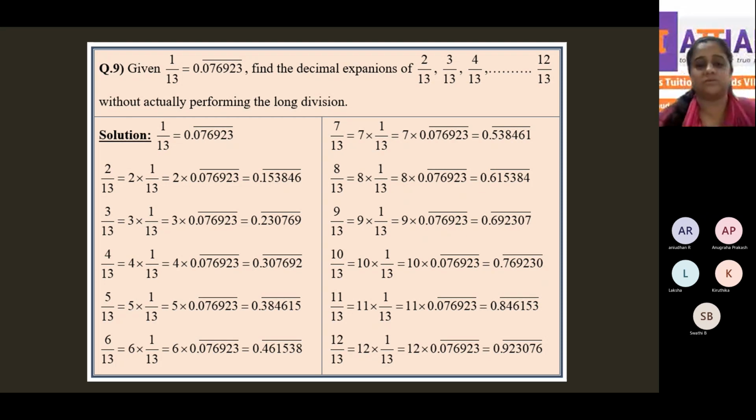Shall we go to the next one, children? I'll share this picture on WhatsApp so that in case you need to do some corrections, you can just help yourself with that picture.